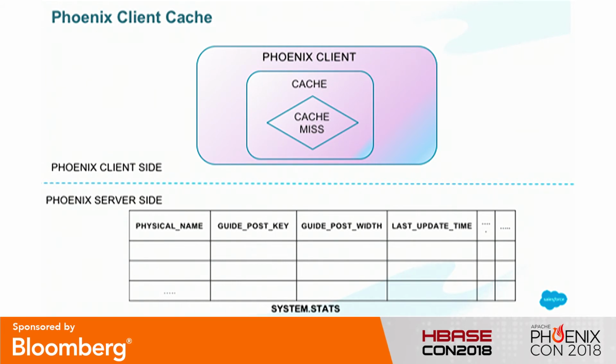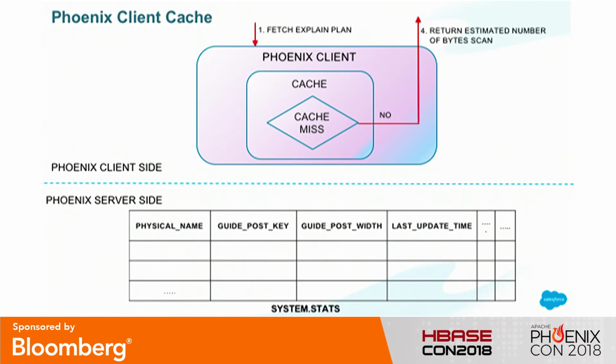Now how it works is, as a step 1, when the application asks for an explain plan from Phoenix, at that time the Phoenix client determines, based on the query parameters and the guidepost information, whether the information in the cache is up to date and whether it has all the information. If yes, then it determines the estimated number of bytes required for that query to scan, and it returns it to the application.